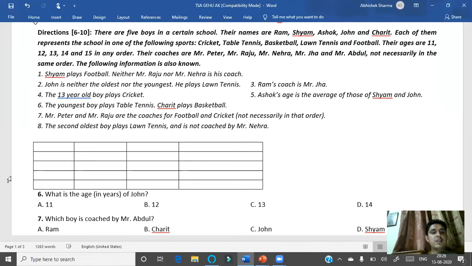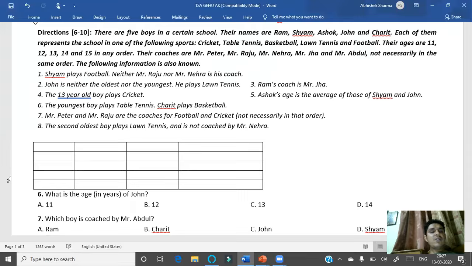So friends, in the series of the questions, we have a next question 6 to 10. The question is like, there are 5 boys in a certain school. Their names are Ram, Sham, Ashok, John, and Charit. Each of them represents the school in one of the following sports: cricket, table tennis, basketball, lawn tennis, football.